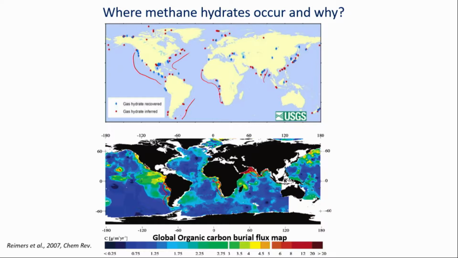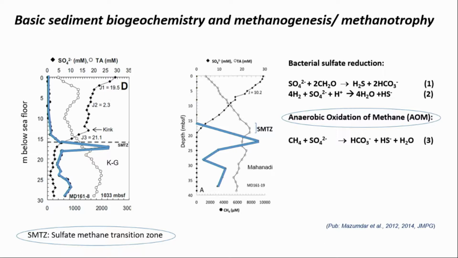So these organic matters constitute the main raw material for the synthesis or the formation of the methane gas in the sediments and subsequent formation of the methane hydrates. Now, when we talk about genesis of methane in the sediment, we have to understand there are two main modes of genesis.